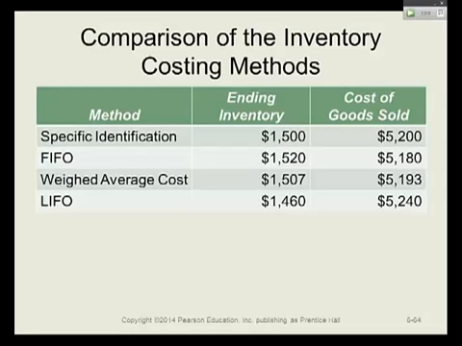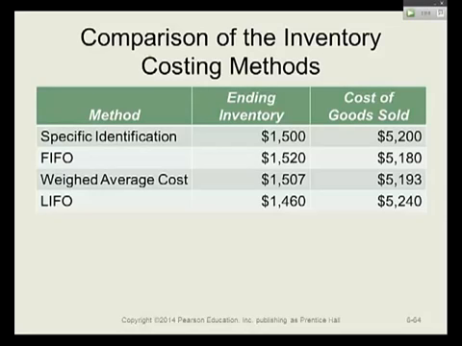If you're looking at slide 64, you need to ignore, in a sense, the specific identification, because that's kind of random. You really don't know what's going to happen every year. But if you look at the comparison of FIFO, weighted average, and LIFO cost, here's some of the things you need to know. And again, on the exam, you are going to get lots of these multiple choice theory questions.